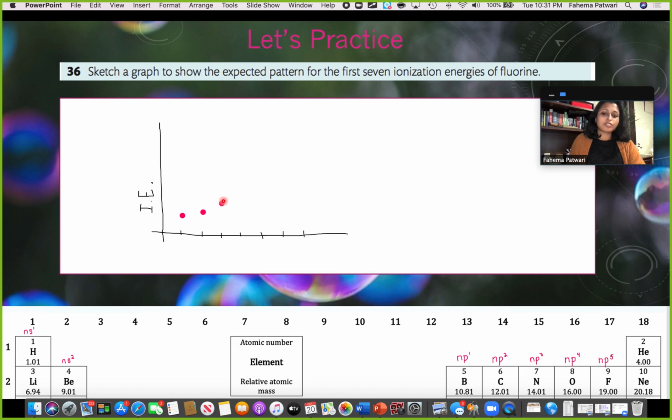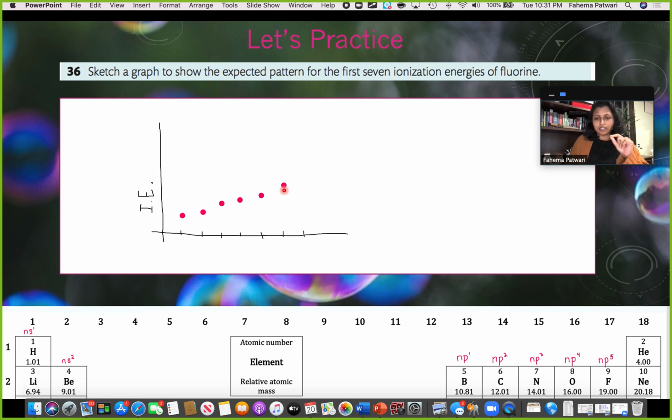And now the rest of the electrons in the 2p sublevel, they're just going to increase in energy at a consistent rate. Now 2p has been cleared out. The next electron has to come from 2s, which is slightly lower in energy, right? So because it's slightly lower in energy, that means it's going to require just a smidge more energy to remove that electron.